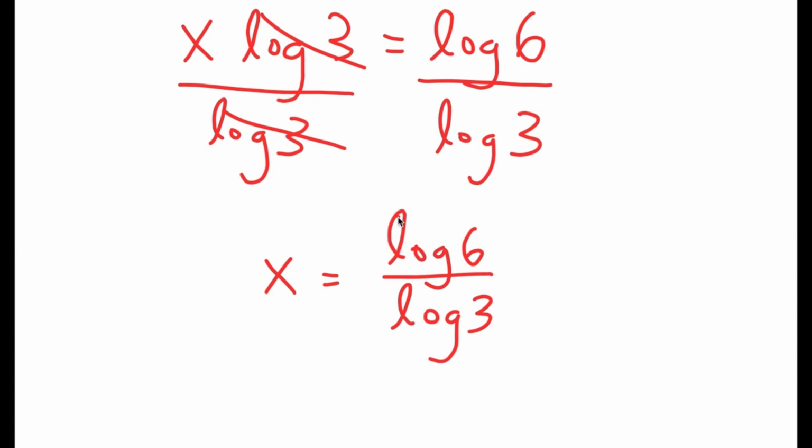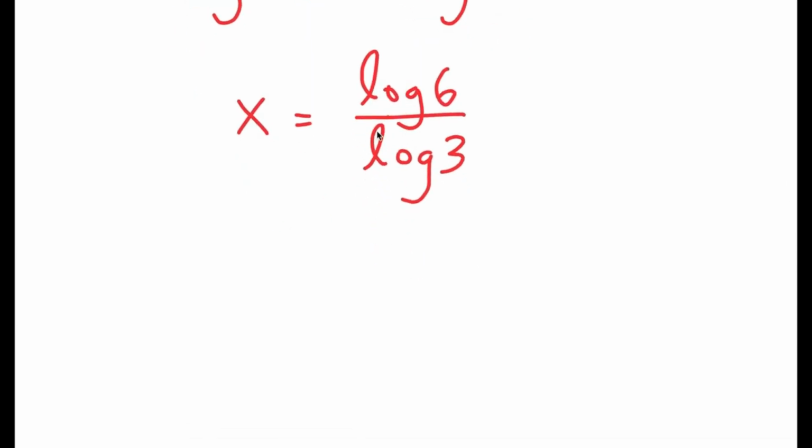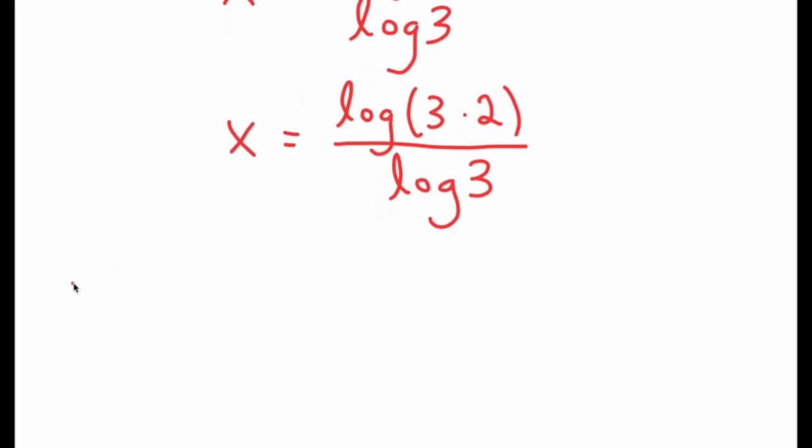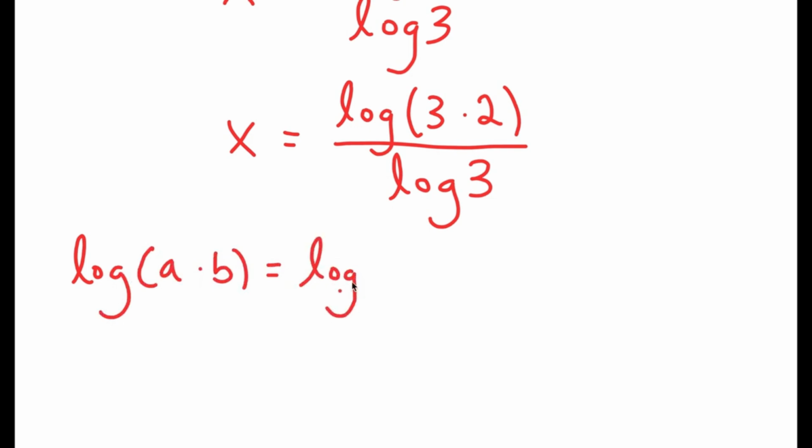Now, what I'm going to do is rewrite log 6 as log of 3 times 2. So I have log of 3 times 2 over log 3. If I have something in the form log of a times b, this is equal to log a plus log b.